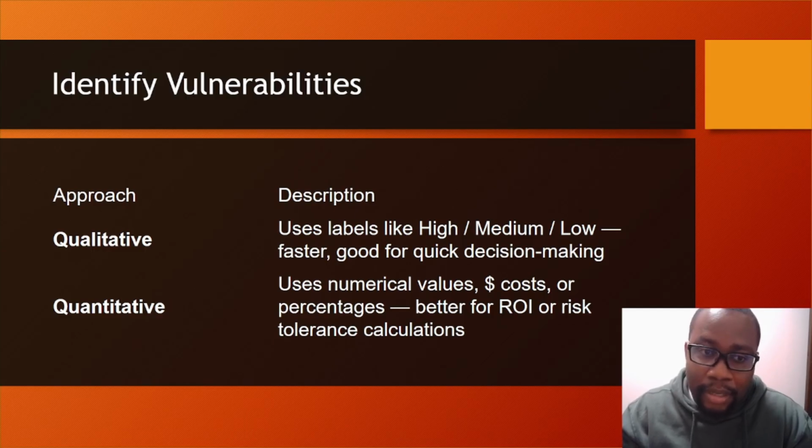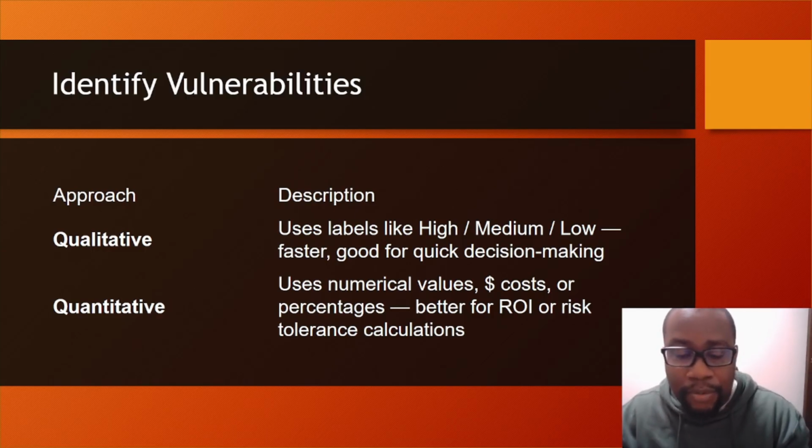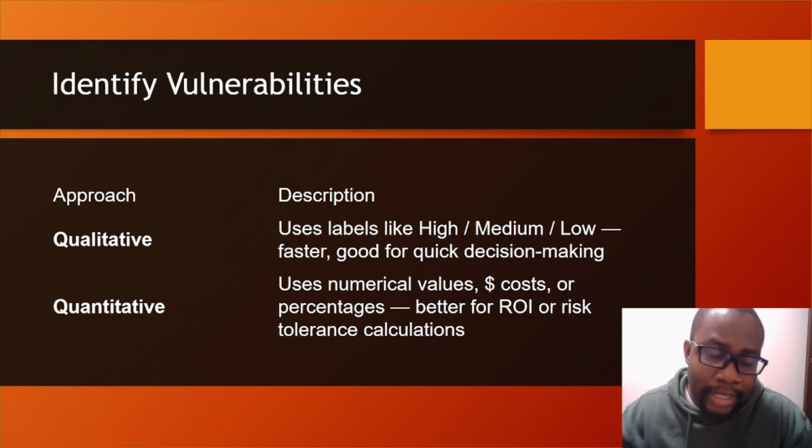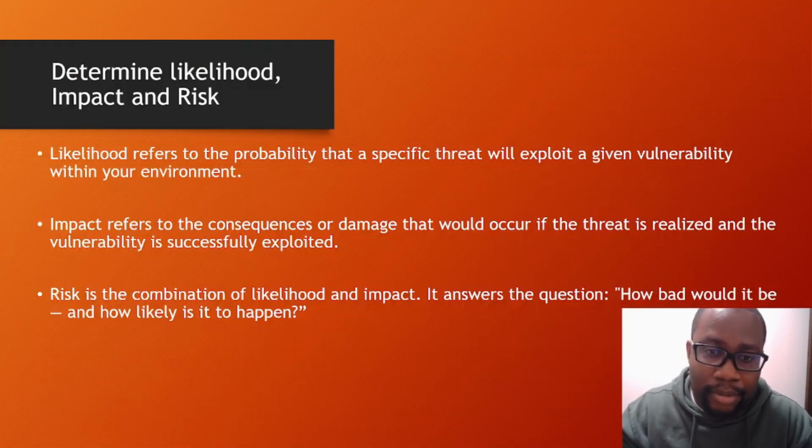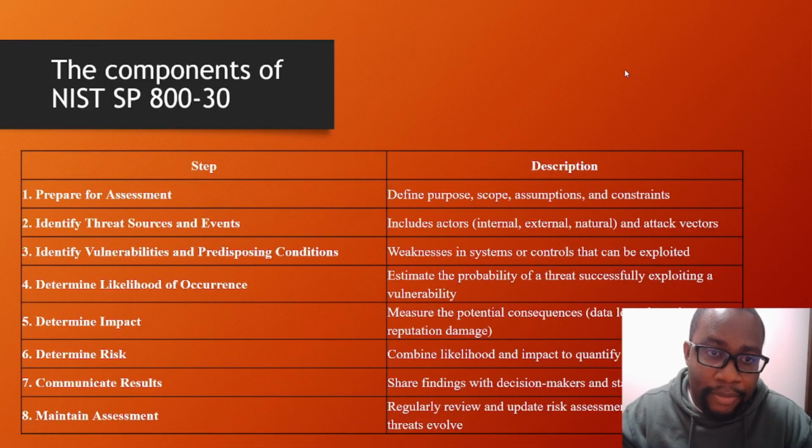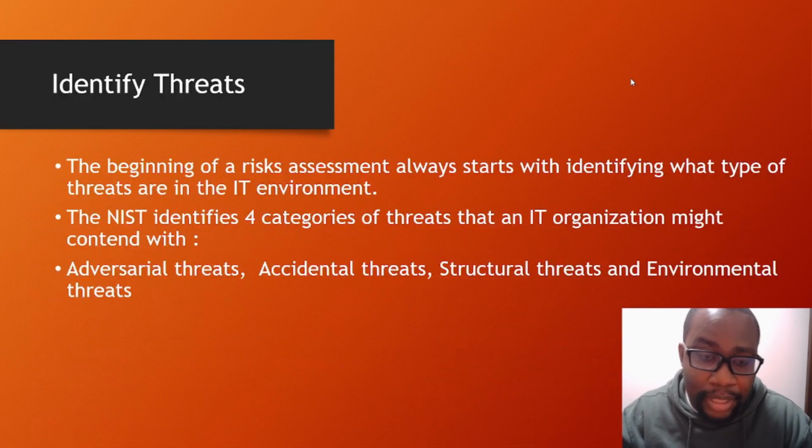And that's it for today's video. I think this is the end of evaluating risk. So we went over the NIST special publication 800-30, and we went over identifying the components of that special publication.